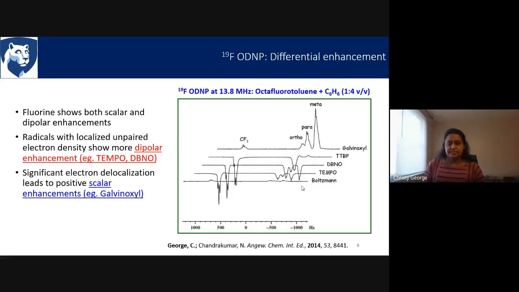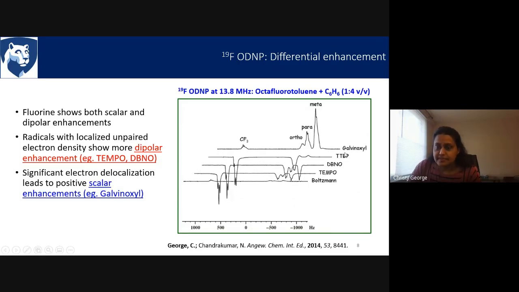Another feature is that within the same molecule, different chemical shift positions can show different enhancements. For example, here we are showing the DNP enhanced spectrum of octafluorotoluene at W band. And you can see that this is the Boltzmann spectrum with no enhancement.